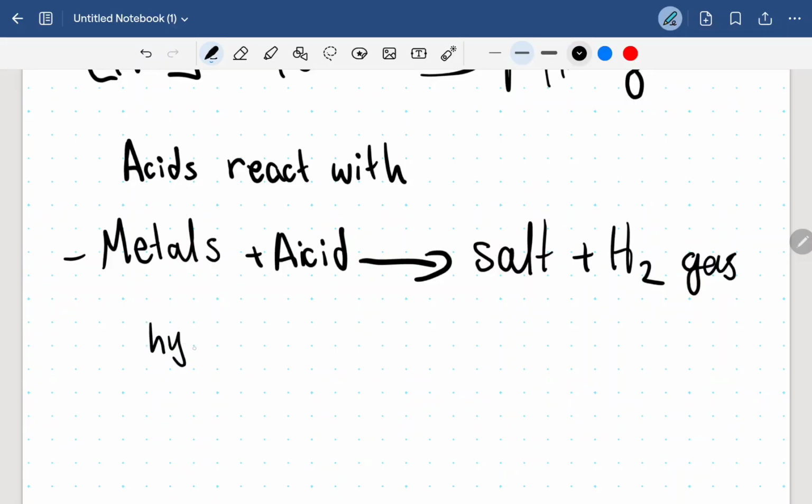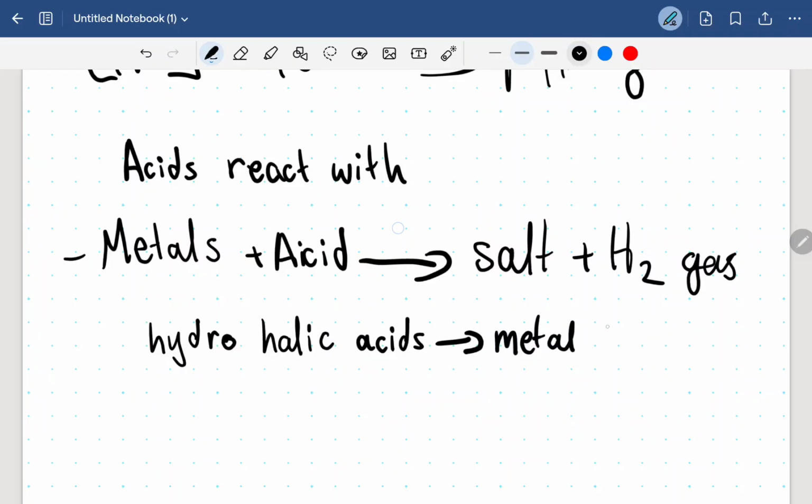Hydrohalic acids, these types of acids produce metal halides as your salt. Then you have nitric acid, which produces metal nitrate.